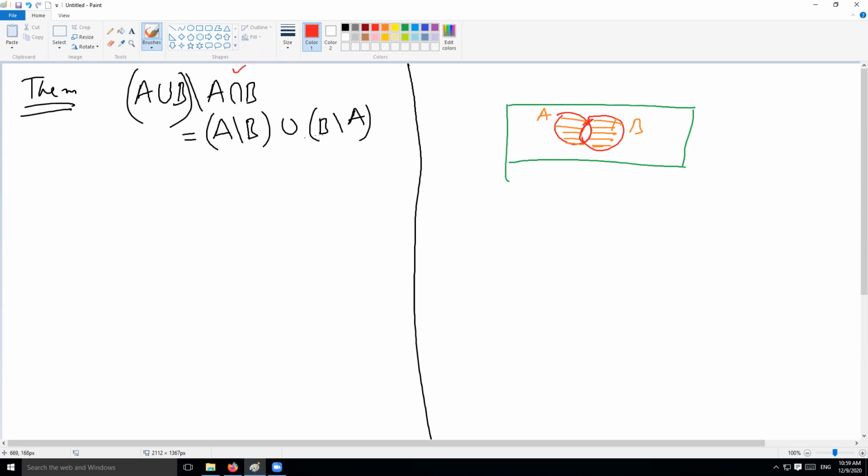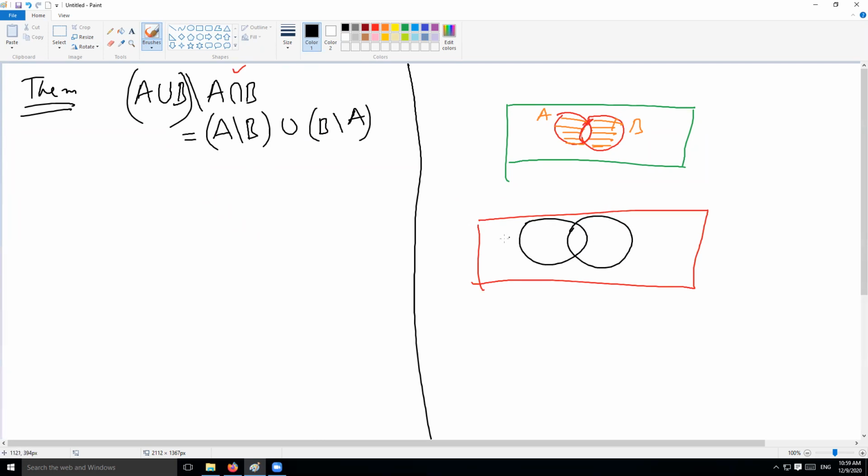And see whether you get the same thing on the other side or not. Okay, so let's make A, and this is my B. So what does it say?